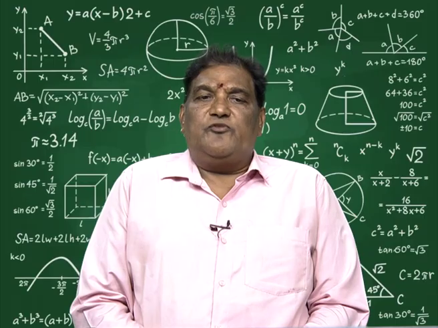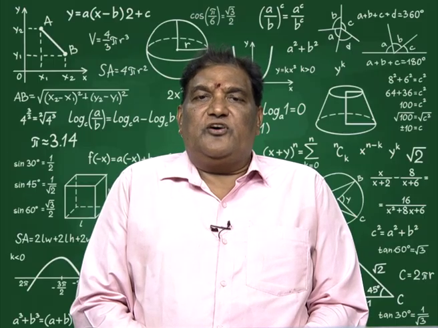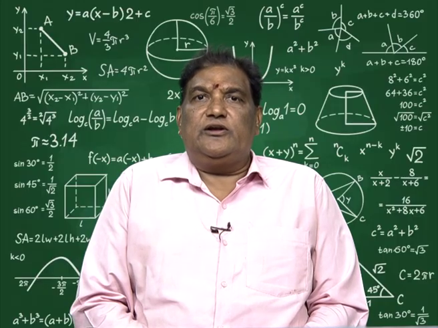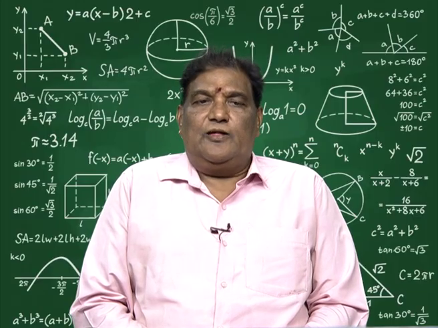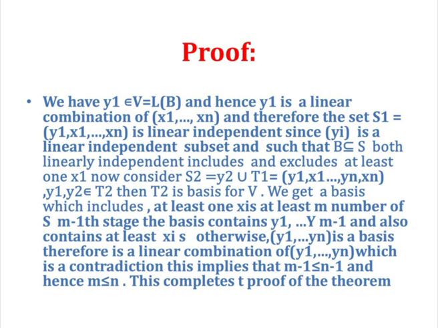So, here we have y1, y2 belongs to T2, then T2 is a basis for V. We get a basis which includes at least one xi, at least m number of steps, at the m minus 1th stage. The basis contains y1, y2, etc. ym minus 1, and also contains at least one xi.